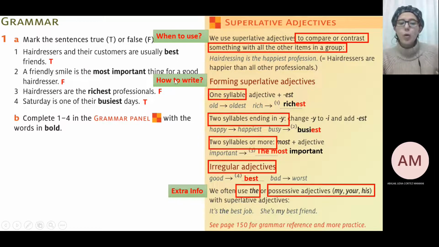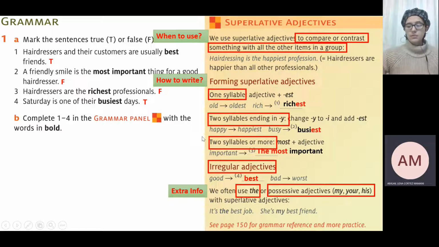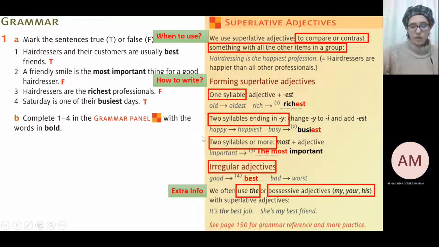Now, Abigail, how are we going to write the superlative adjectives? Can you read these 4 options? Okay, teacher. One syllable adjective más est. Okay, how do we say más in English?